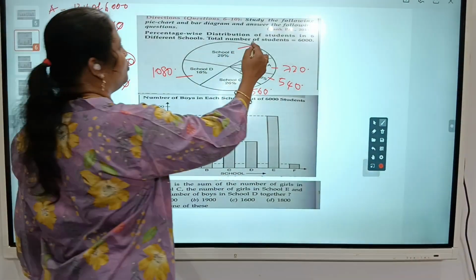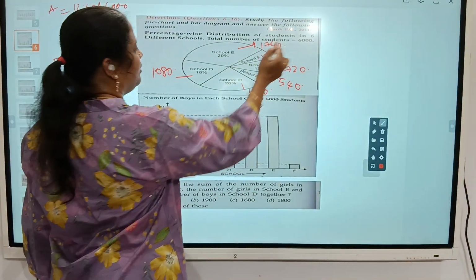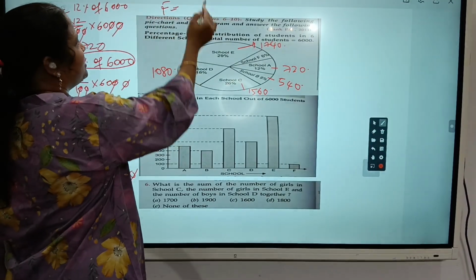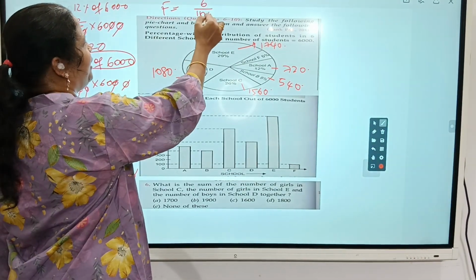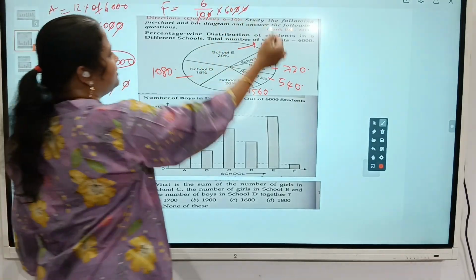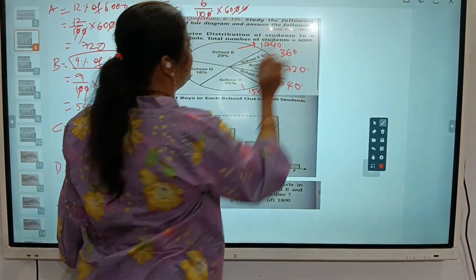So students in school E are 1740. Coming to school F, it is just 6%. 6 by 100 into 6,000. The zeros cancel, 6 times 6 is 36. So it comes to 360.